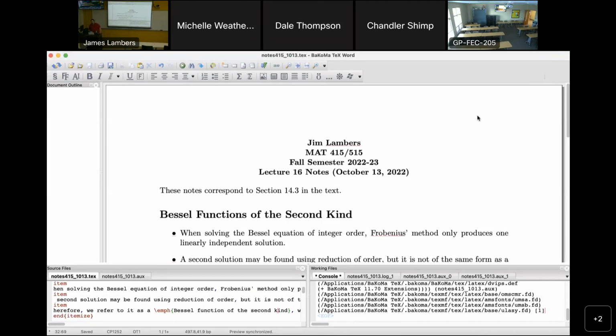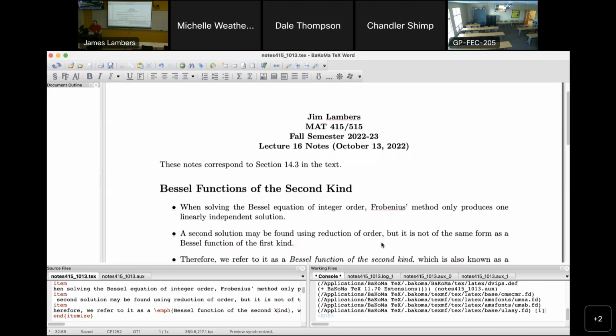But when it's a Bessel equation of integer order, you only get one linearly independent solution. Because you have solutions J sub n and J sub minus n, but when n is an integer, those are scalar multiples, plus or minus each other. So you really only have one linearly independent solution.